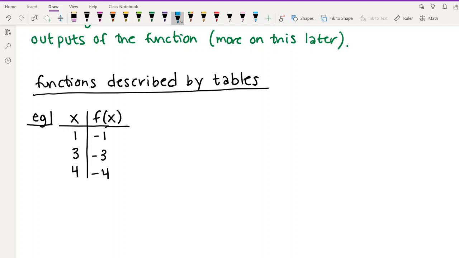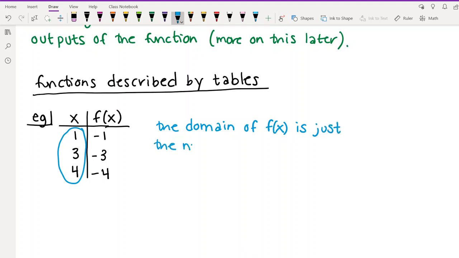So what would the domain of this function be? Well, remember we said that the domain is all of the possible inputs for our function. And in this case, the possible inputs are the numbers 1, 3, and 4. So the domain of this function is just the numbers, or not basically, it is just the numbers 1, 3, and 4.